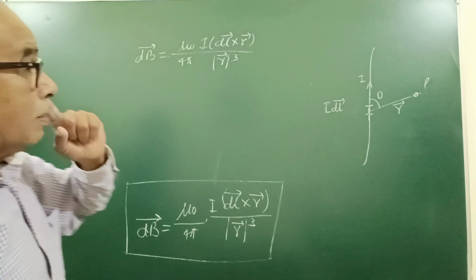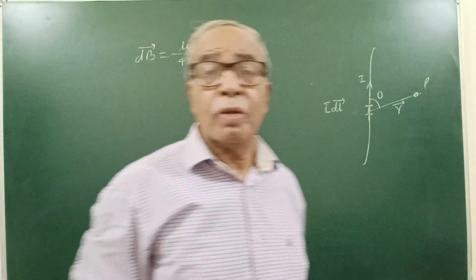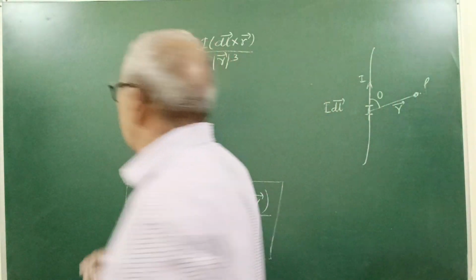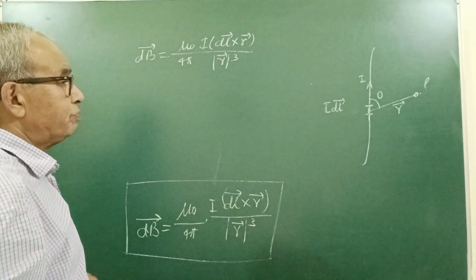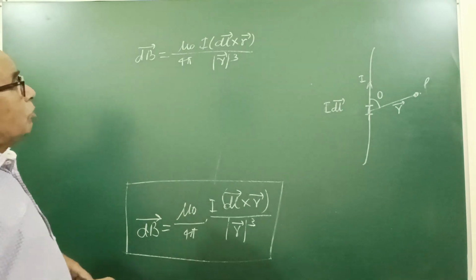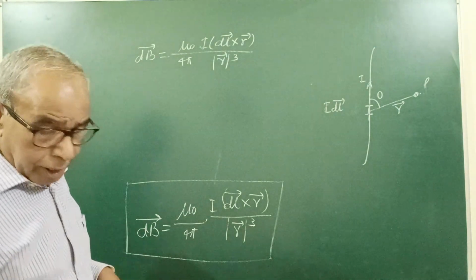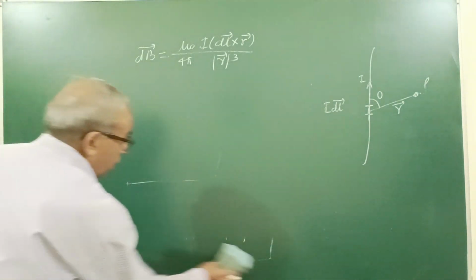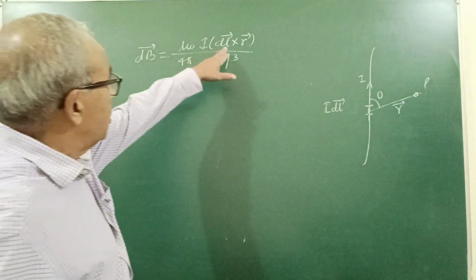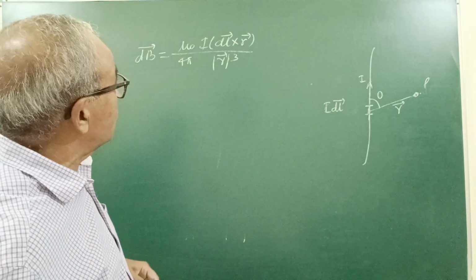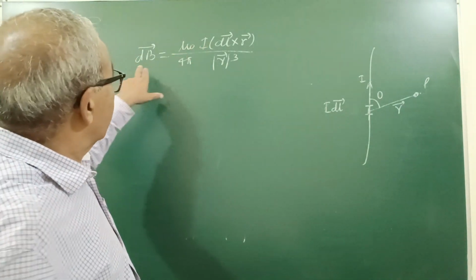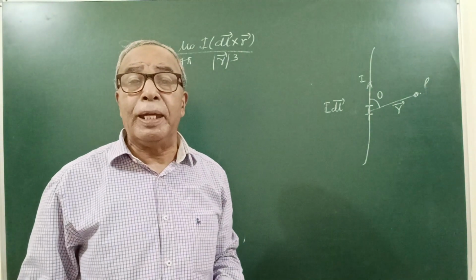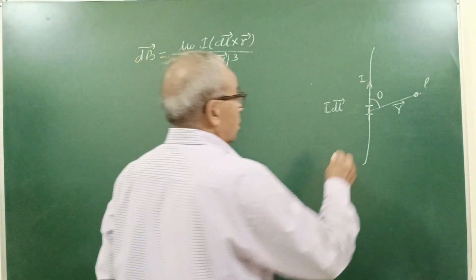Vector dB means direction is there. So what will be the direction of vector dB? What is the direction of dl cross r? In the previous video, I asked you to learn the direction of the vector product. I told you the direction of dl cross r will be determined using the right hand screw rule, and the direction of vector dB, or vector dl cross r, will be at right angle to the plane containing vector dl and r.